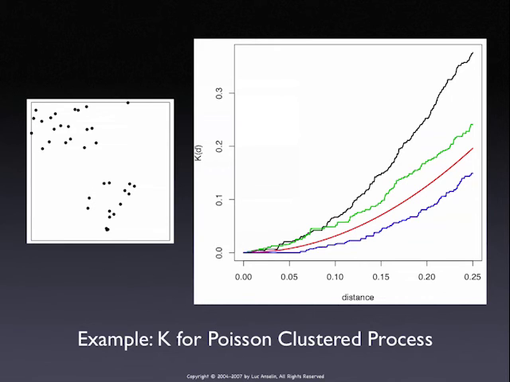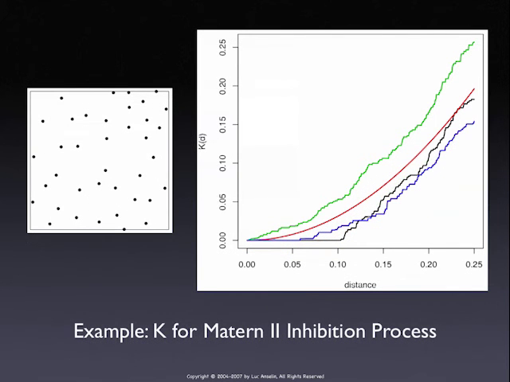And then the final example is the one with the inhibition process, where it's more regular, and in this case the K function is a little bit below, but not fully for the larger distances. The K function, and I won't elaborate on this because I want to give you some other aspects of the K function, can be turned into a formal significance test for complete spatial randomness.